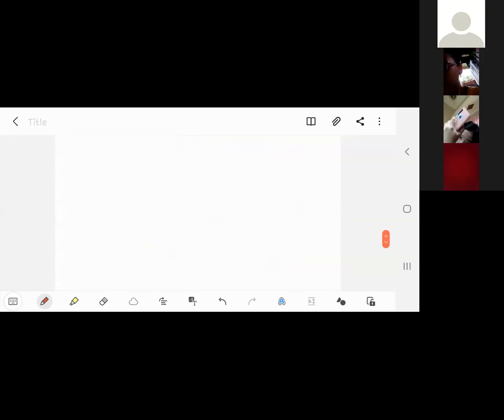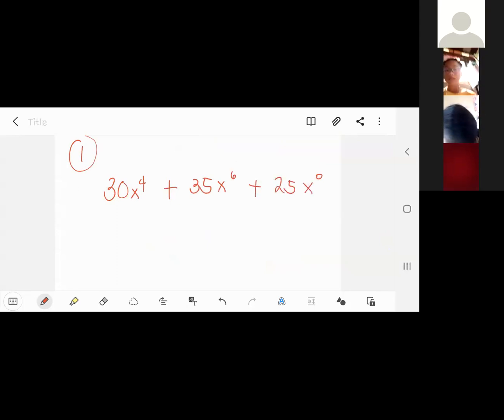Okay, let's say here, for example, a polynomial divided by a monomial, a polynomial with a monomial divisor.